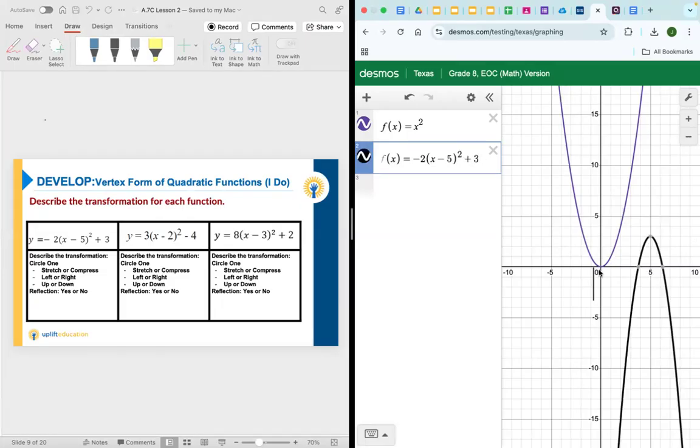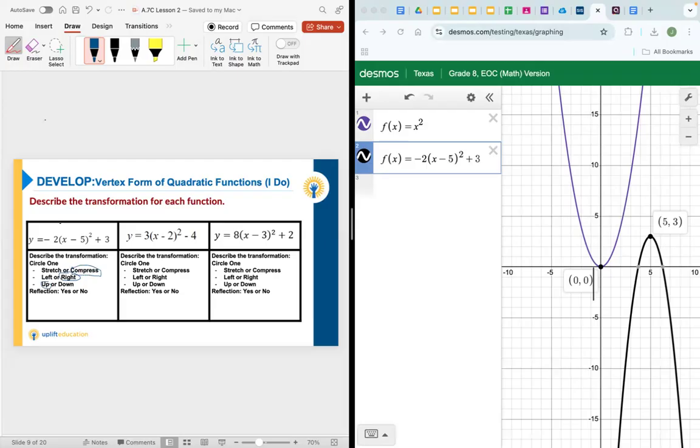All right, so here we go. As I can see from my vertex to vertex, I'm going up and to the right. So I can already circle up and right. And as I notice, I got a little bit skinnier. Not a whole lot, but a little bit skinnier. So we can say that this compressed.